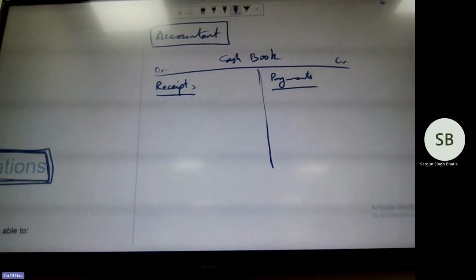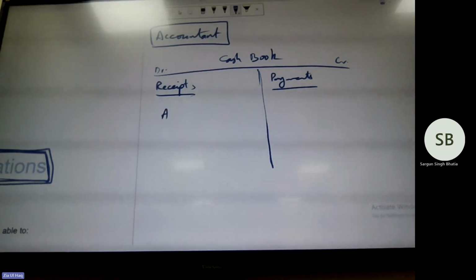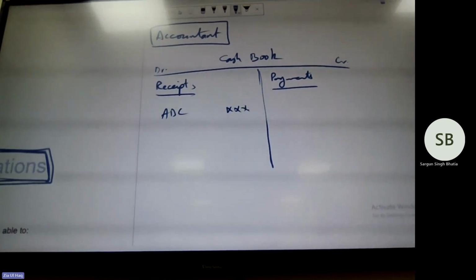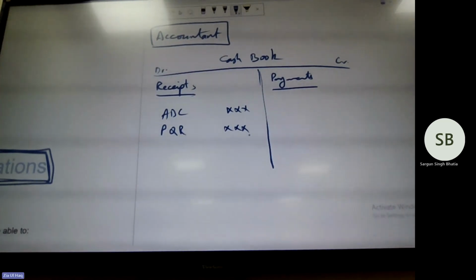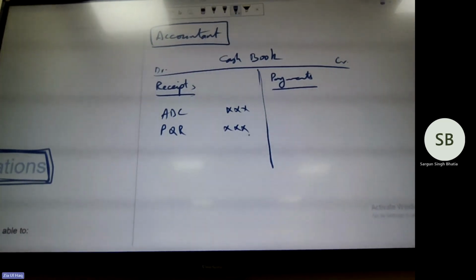Suppose in a business, we received an amount from a customer called ABC. We will record that amount on the debit side. We have received some amount from a customer PQR. So we will record that amount on the debit side. And payment, normally we pay to suppliers, to creditors.